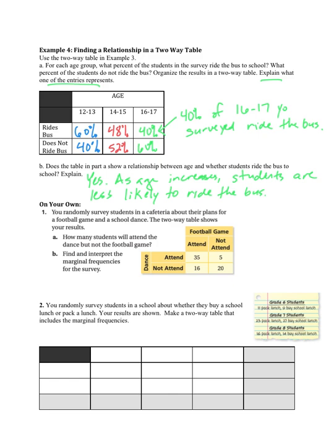We see that for 12 to 13-year-olds, more students ride the bus than don't. 14 to 15-year-olds, it's pretty much even. And 16 to 17-year-olds, more students don't ride the bus. Maybe some of them are driving.